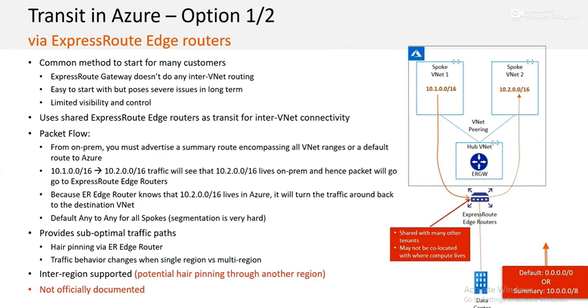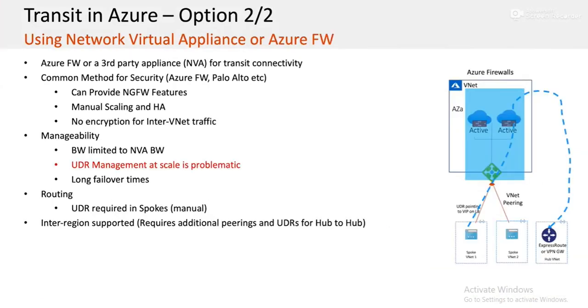So we run the risk of things like noisy neighbor. We have to be conscious of somebody who may be doing some pretty heavy flows and the shared nature of that ExpressRoute router, where this transitive mechanism isn't necessarily preferred. This is why the product group in Azure really recommends that VNet to VNet peering, because that is dedicated to you as a customer, and we don't have to worry about any of those noisy neighbor problems.